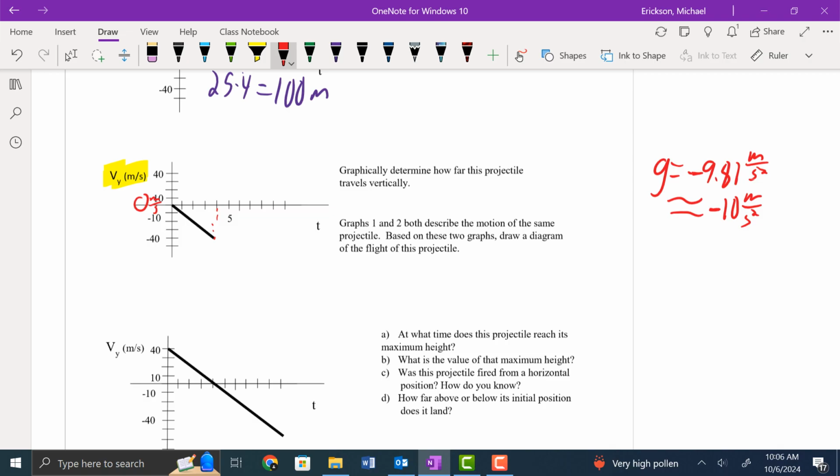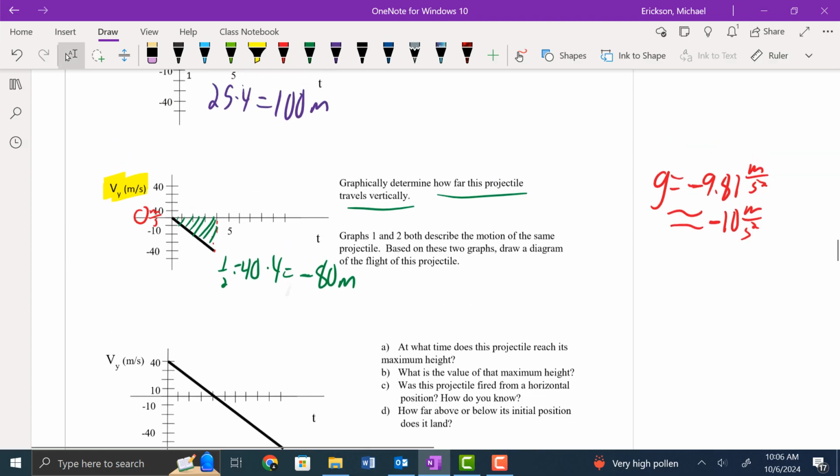And that's what the slope looks like. Every second I increase my velocity by negative 10 meters per second. Let's determine how far this guy travels vertically. So I would take the area. Now this area would be 1/2 times negative 40 times 4, and I get negative 160 times 1/2, negative 80 meters.